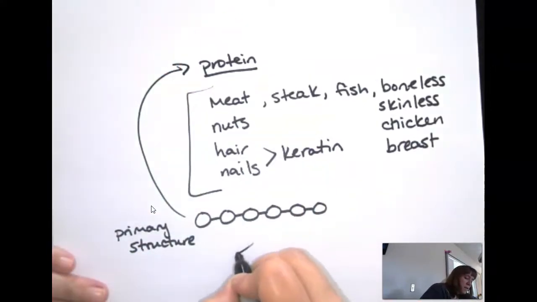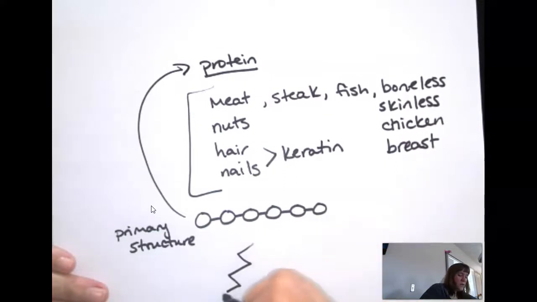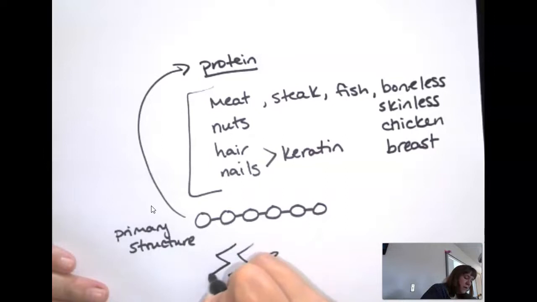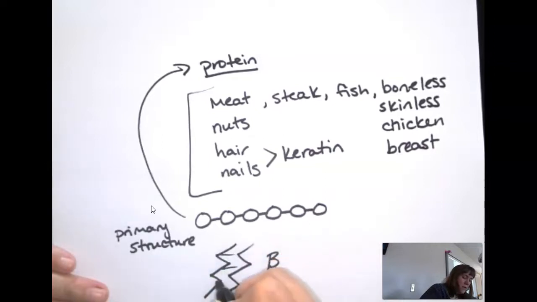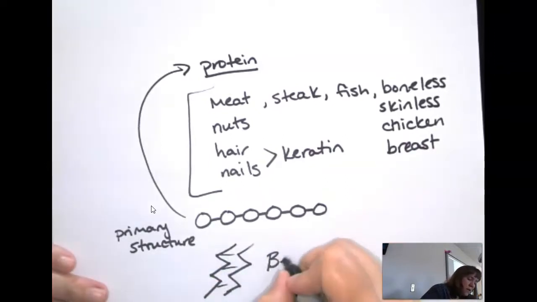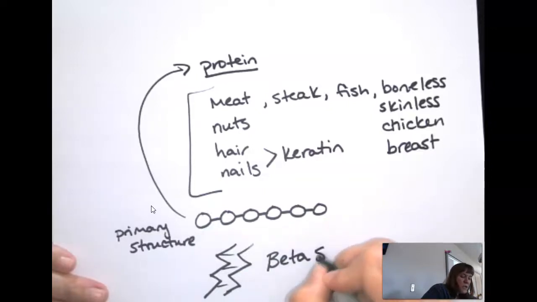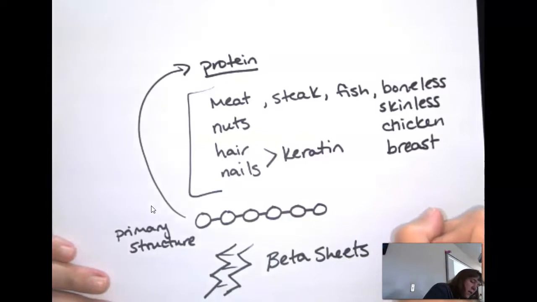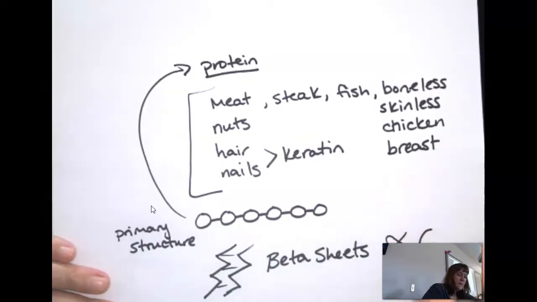The next layer of structure and organization is folded: beta sheets, or folded sheets, pleated sheets. Then we have an alpha helix.